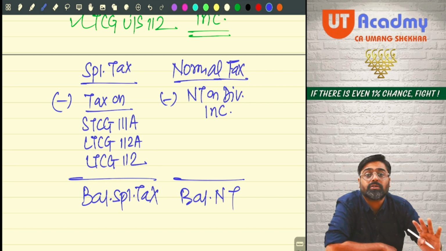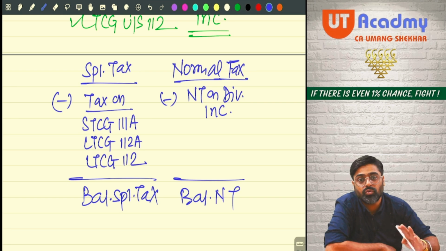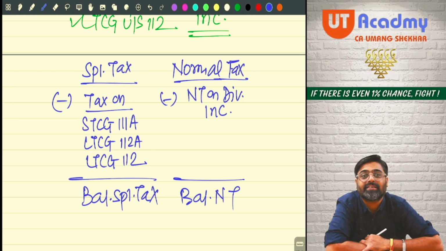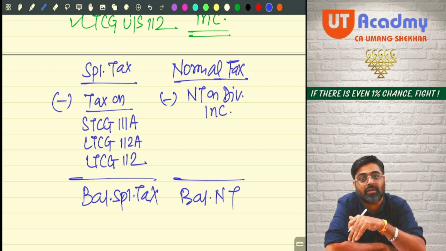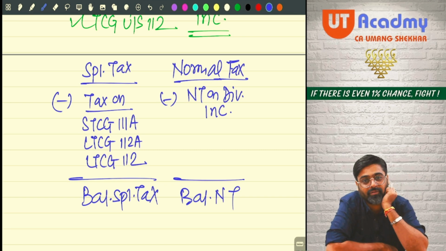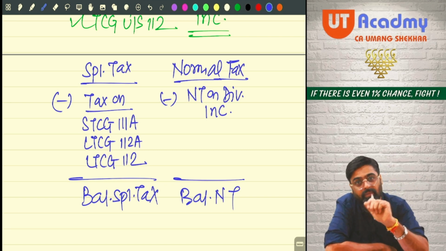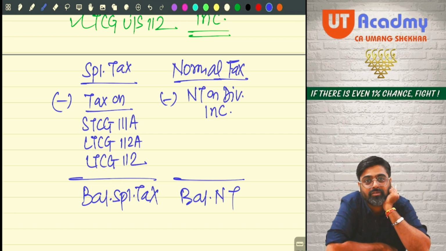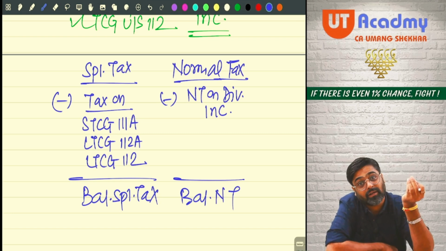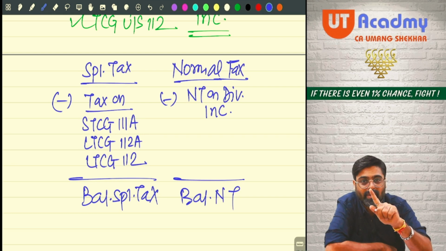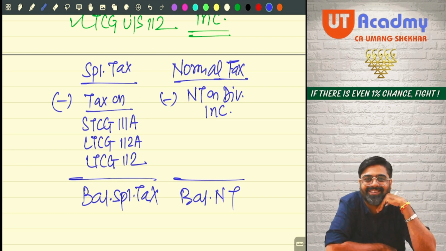We will not charge that surcharge rate on the incomes which are usually taxable at concessional rates. Just imagine these incomes, the tax rates are said to be concessional rates of tax. And on the concessional rates of tax, you are applying on some income and you are calculating that income tax. That is a concessional tax. On that concessional tax, it will be bad to apply higher rates of surcharge.